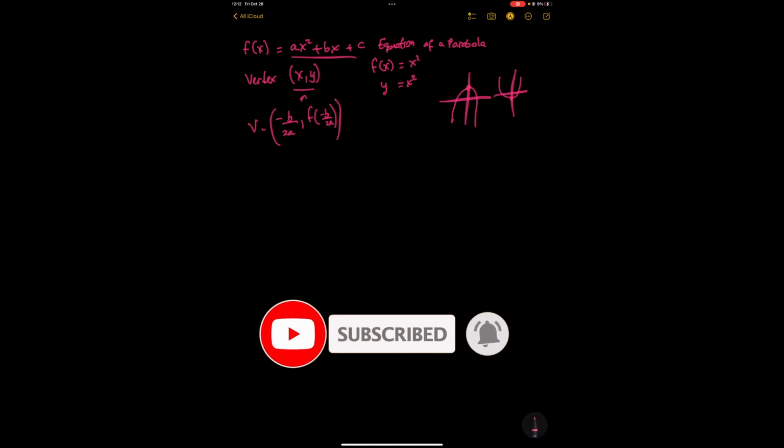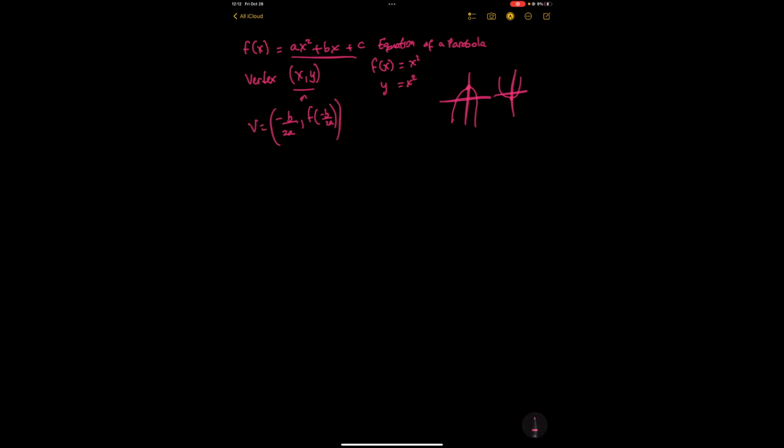So you look at the function ax squared plus bx plus c, and take negative b, the coefficient of x, divided by 2 times a, the coefficient of x squared. That will give you the x coordinate, and the y will be f of that x coordinate.